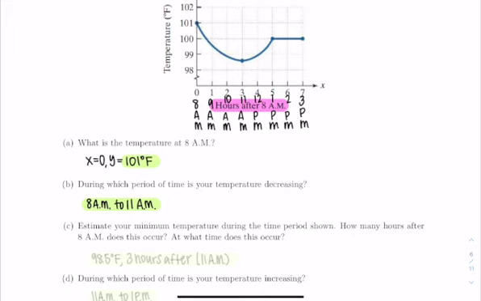So I am going to estimate that it's about 98.5. This happens 3 hours after, because x equals 3, which is 11 a.m.